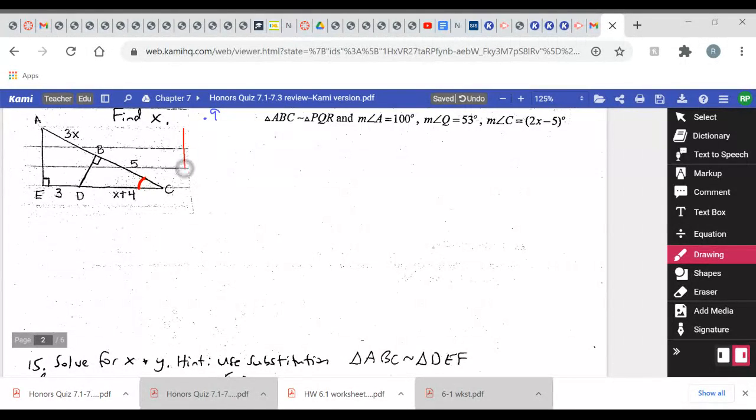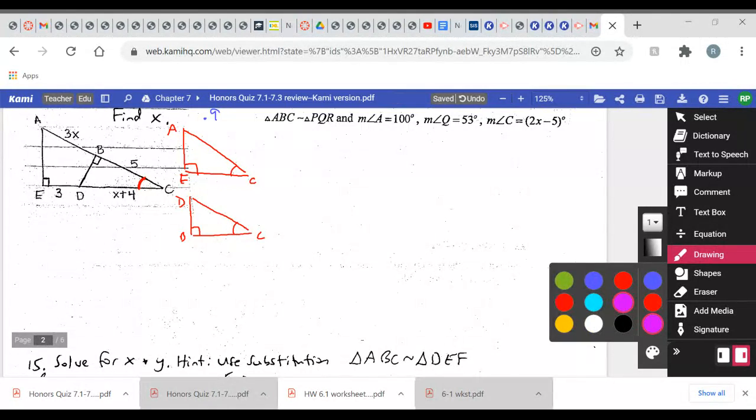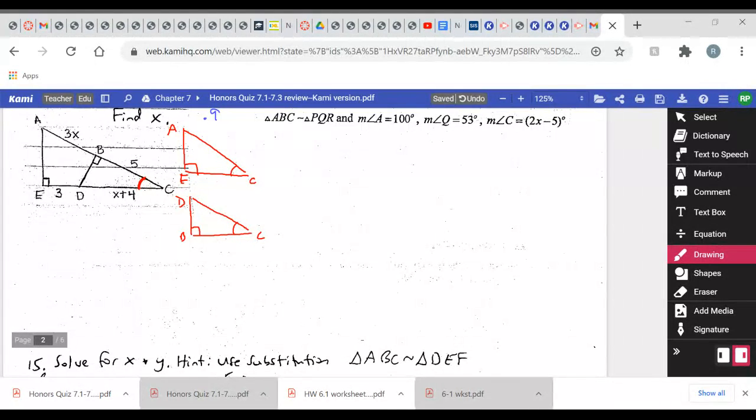If I redraw the big triangle, I've got triangle A, E, C. If I redraw the little triangle, then I've got D, B, C. Okay, E and B are where my right angles are, and where they overlap is the C. Okay, so if I get those labeled, then I can see for the big triangle that EC is of length x plus 7 if I add those up.